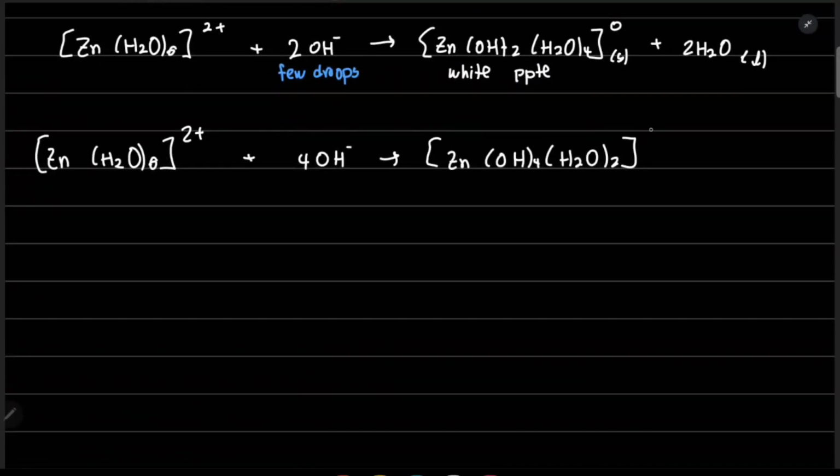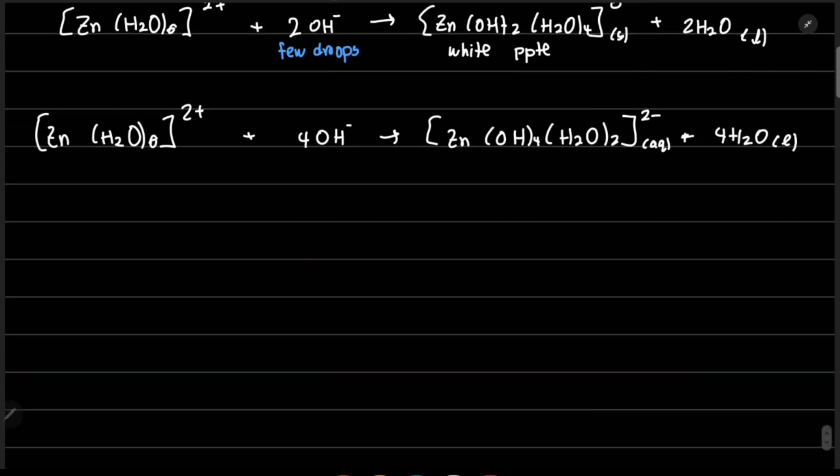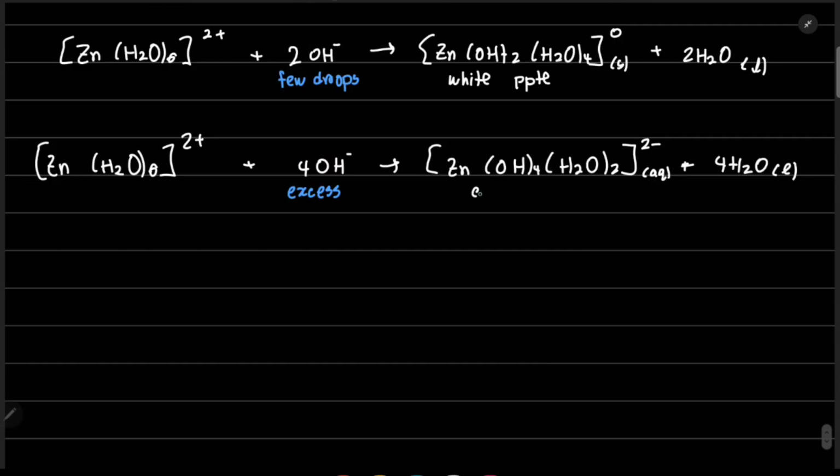This has a charge of -2. This will be aqueous, and we get 4 moles of water being produced. This is for excess OH-. The solution is colorless over here, which is obvious because zinc is not actually a transition metal, it's just a d-block element, but not a transition metal.